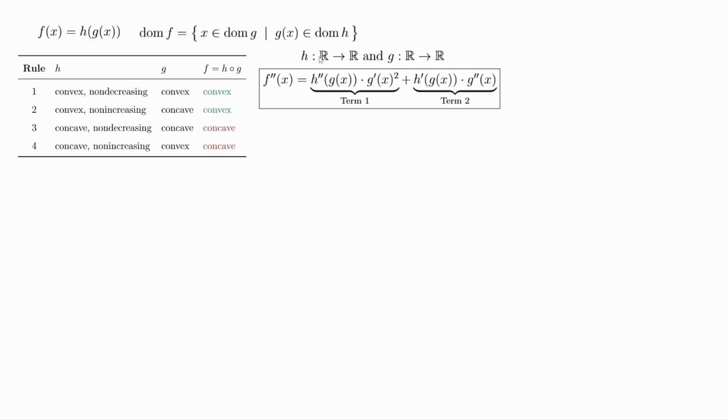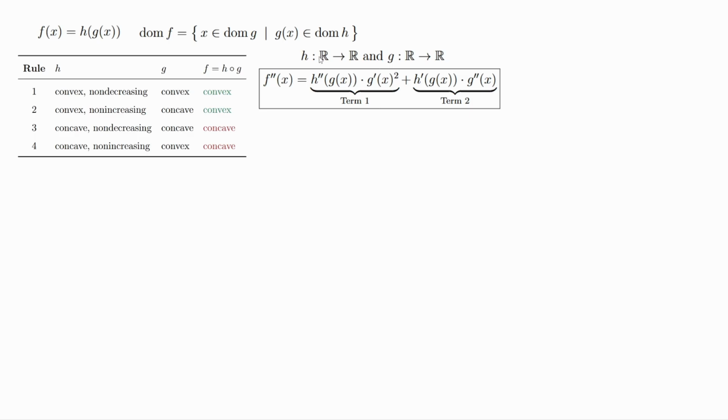Everything we just talked about, at least the theory, assumed that g and h are defined on all real numbers. But of course, in general, h might only be defined on some subset. And when that's the case, the non-decreasing or non-increasing condition has to be stated more carefully.